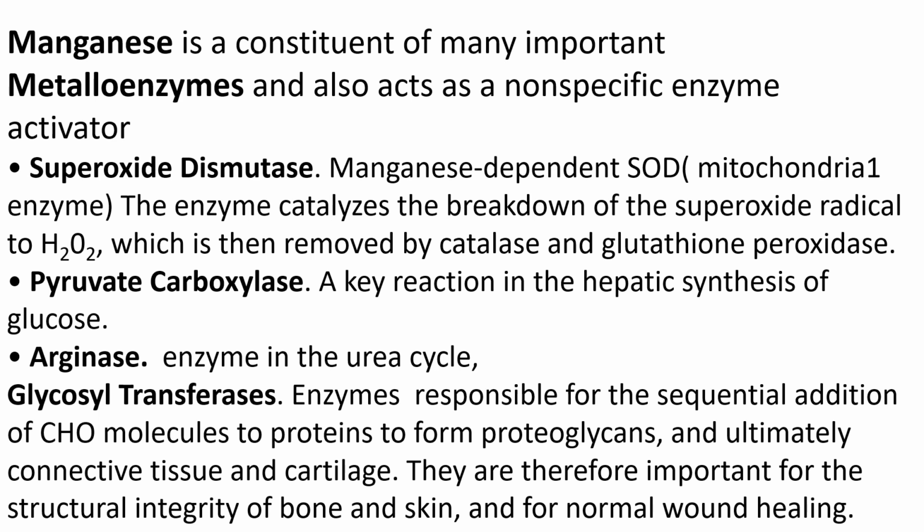Superoxide dismutase is a very important enzyme which has a role in the detoxification of superoxide radical, a type of free oxygen radical which is synthesized continuously as a result of oxygen toxicity and as a result of normal metabolism.